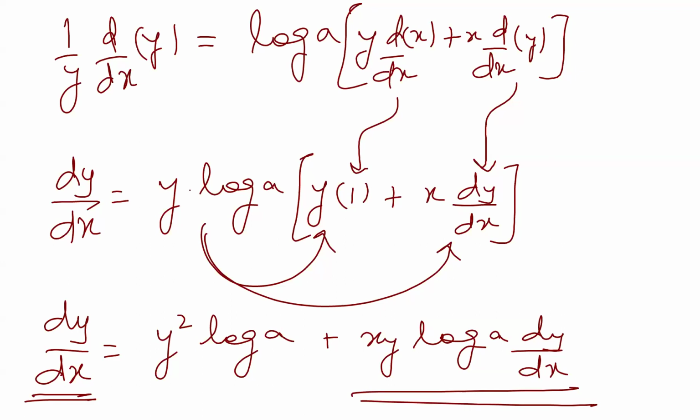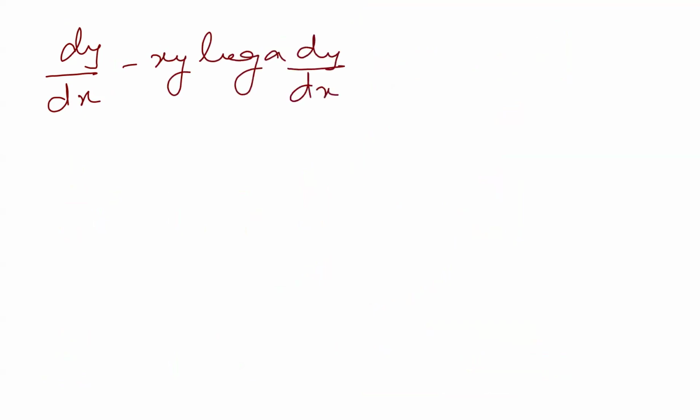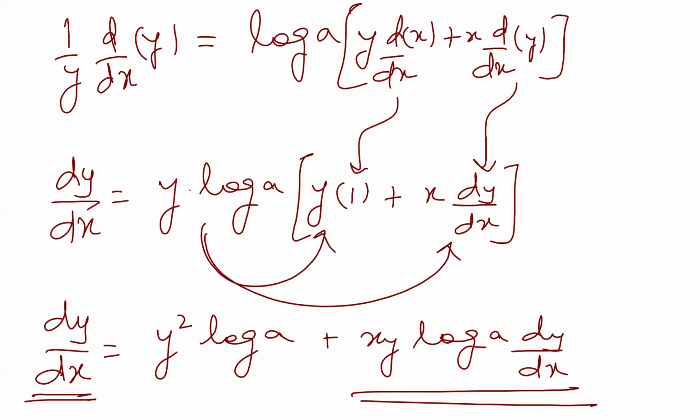So this particular term will go on the left hand side and it will be negative. So dy by dx minus xy log a dy by dx equal to y square log a.